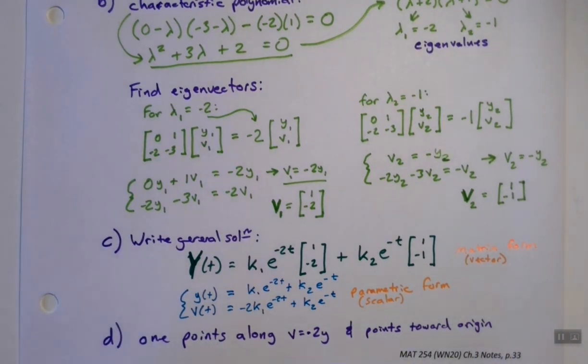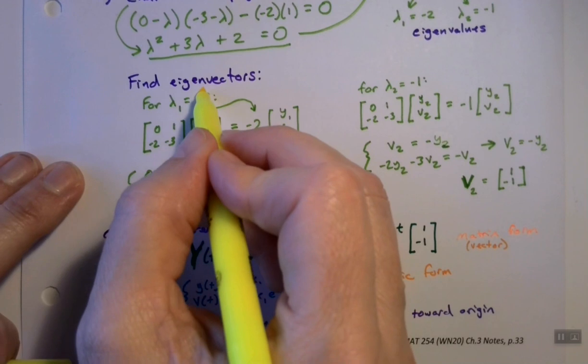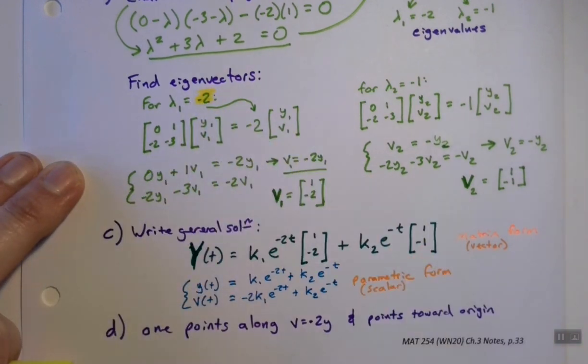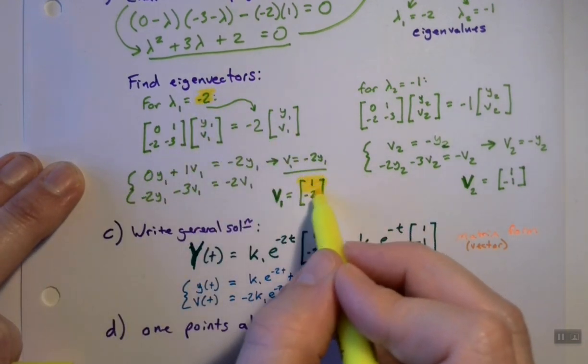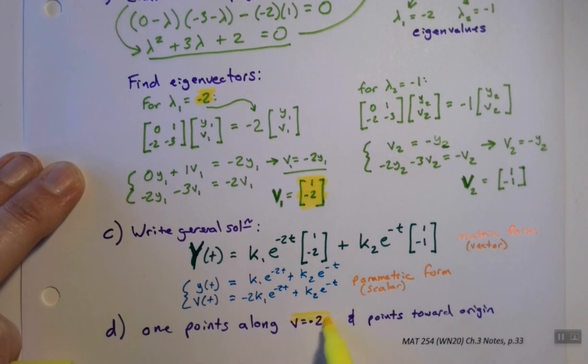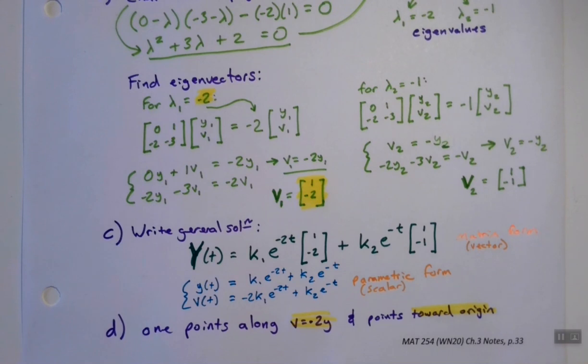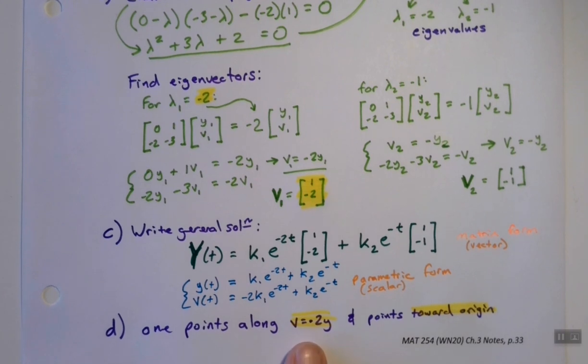So you can tell just by looking at this that this is a negative 1 or negative 2 up here, and this thing right here tells us everything I need to know down here. Right? So it's exponential decay, which means it's headed towards the origin. And it's headed towards the origin along this line on the phase plane.